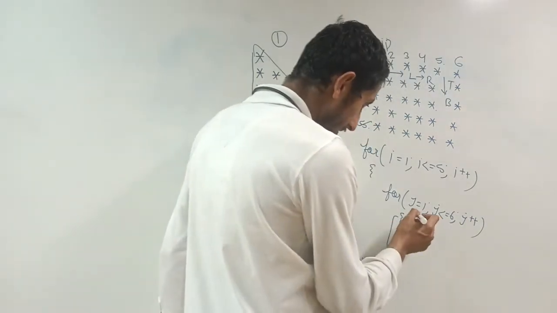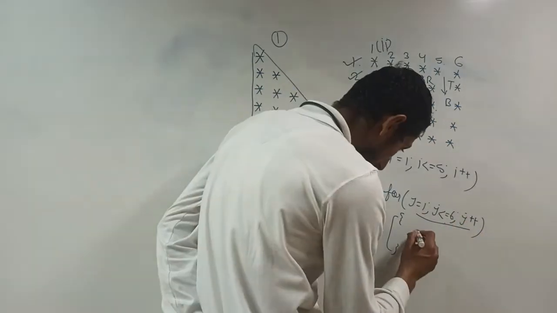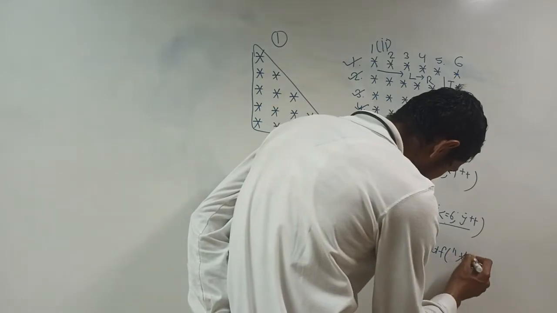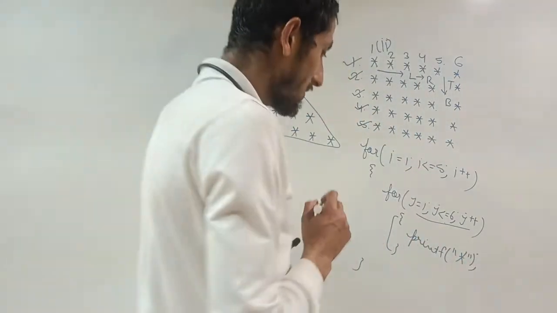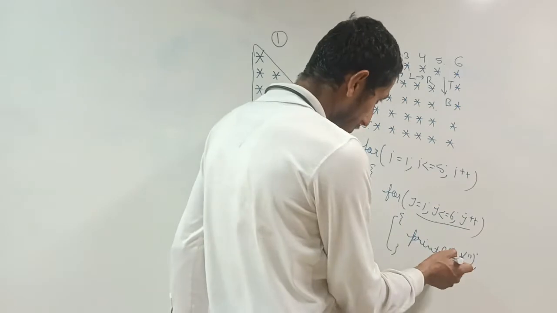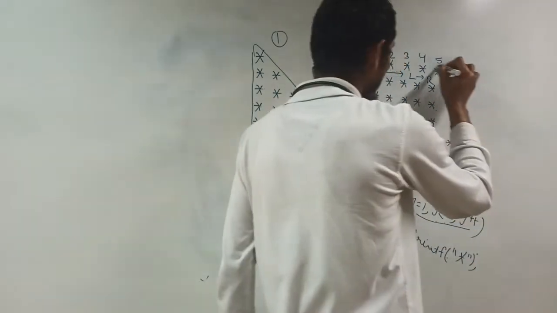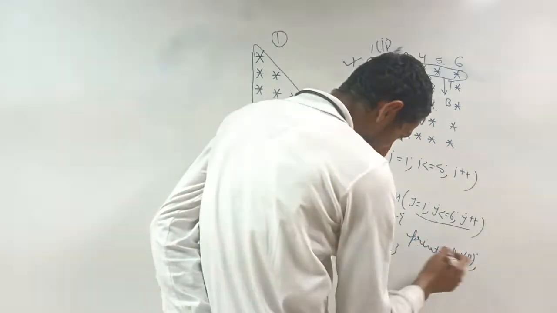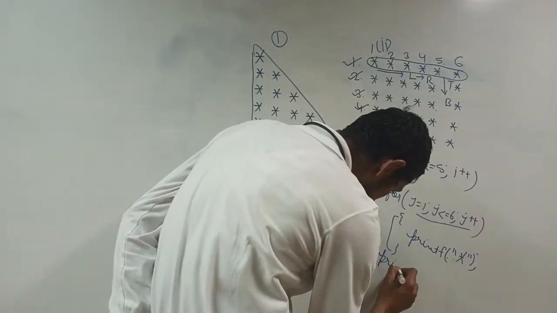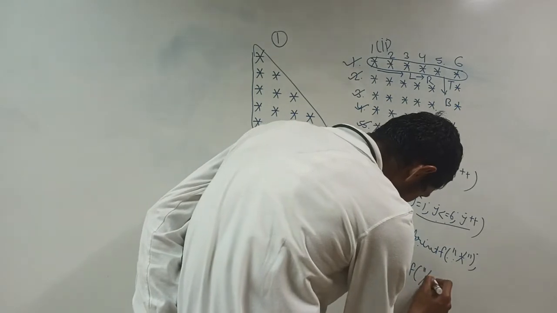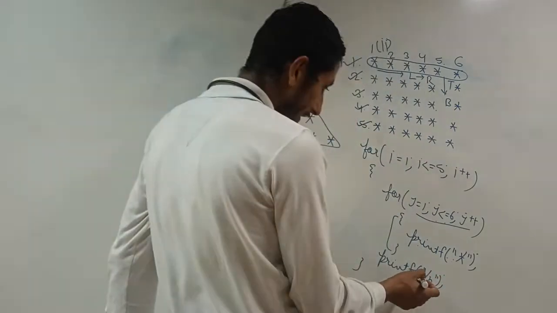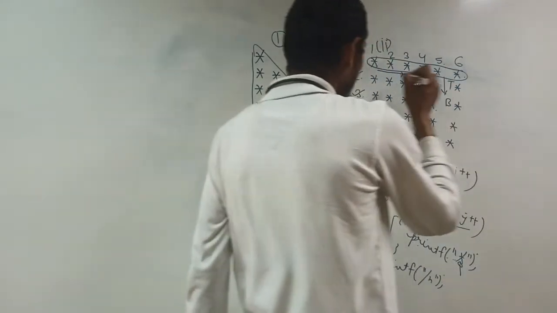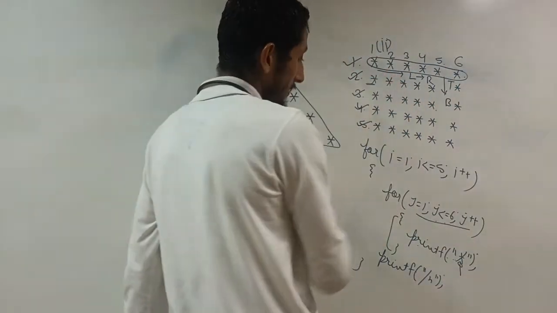This statement says that I will execute 6 times, and each time I give 1 star, so I will give 6 stars in a single line. Then let me put slash n, so after printing 6 stars in a single line, I will put the cursor in the next line.